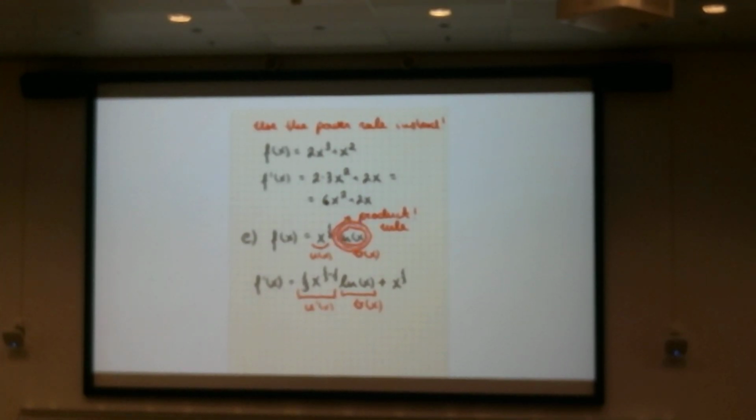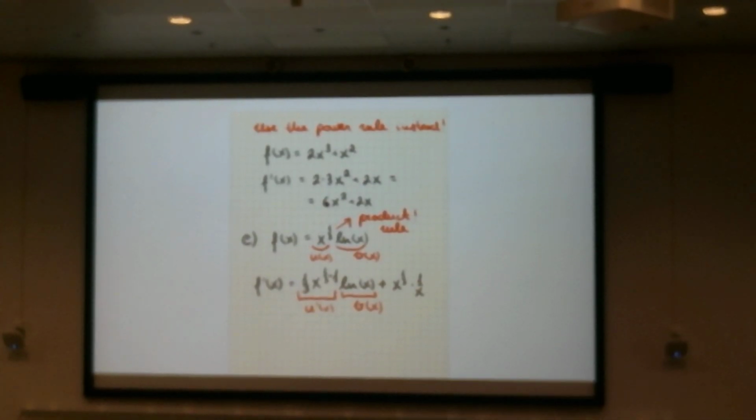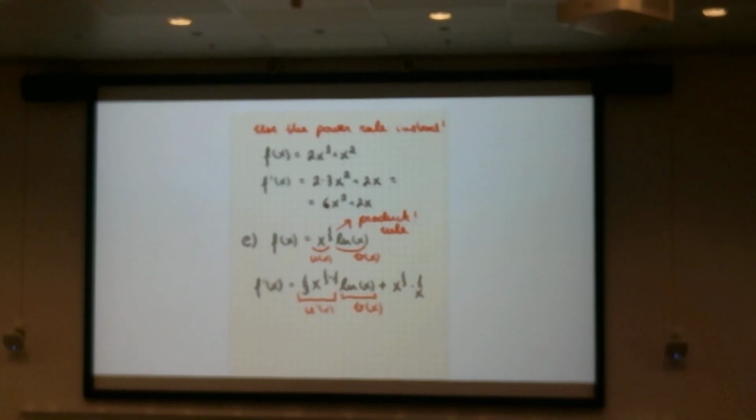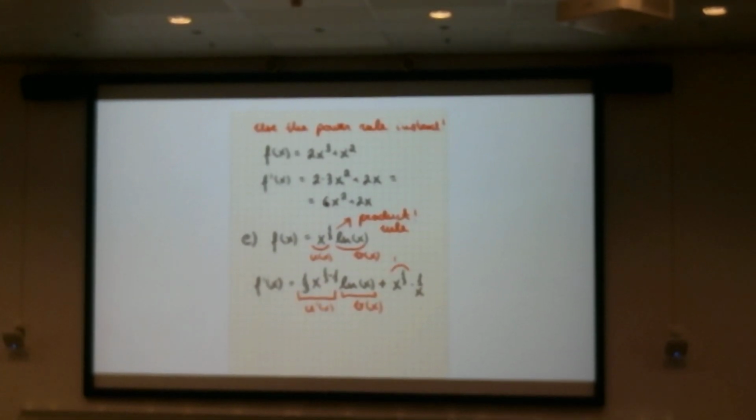My idea behind this very example was just for us to practice the derivative of natural logarithm. And you only need to remember that it's 1 over x. Derivative of natural logarithm is 1 over x. So this one is u of x originally. All of that is v of x prime. That's the derivative of natural logarithm.